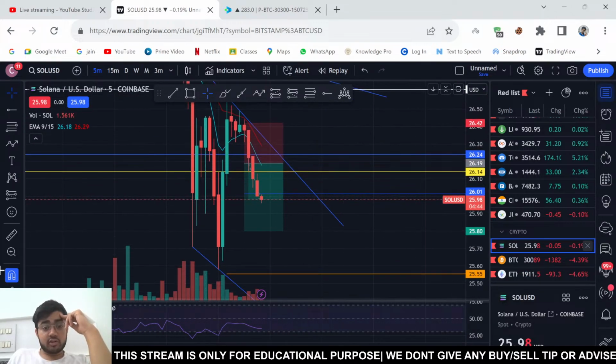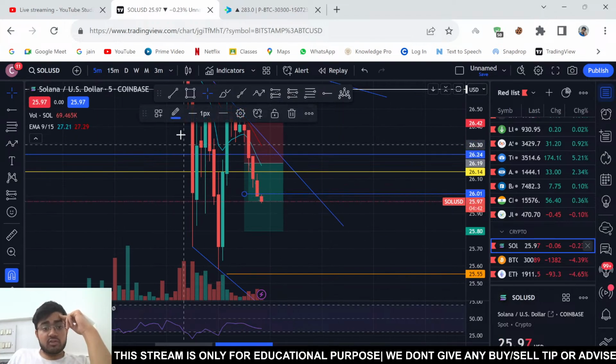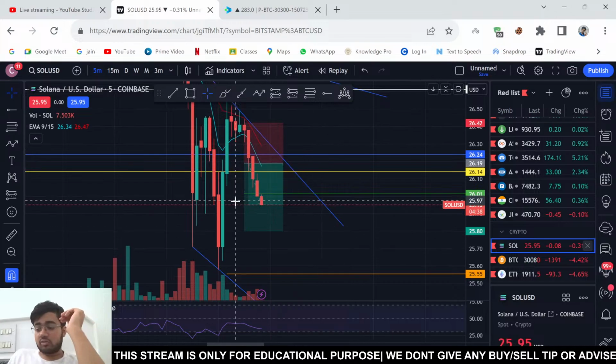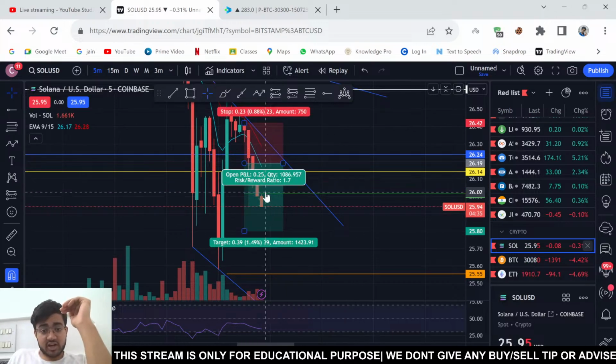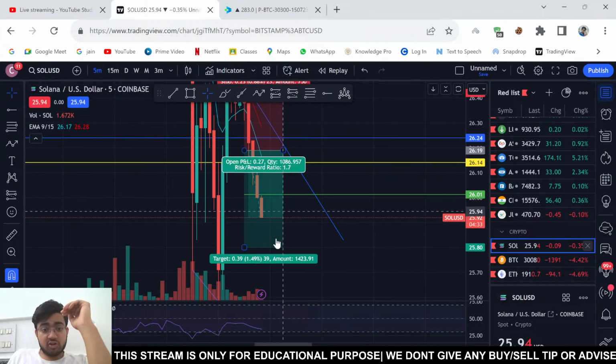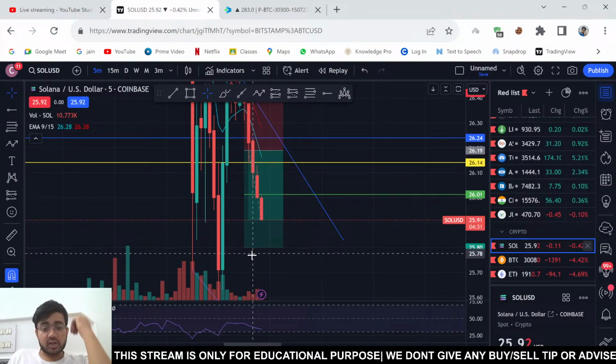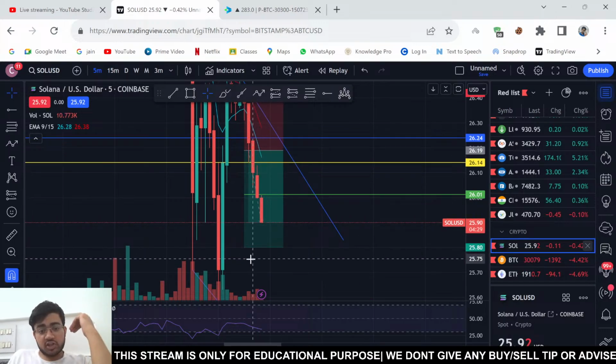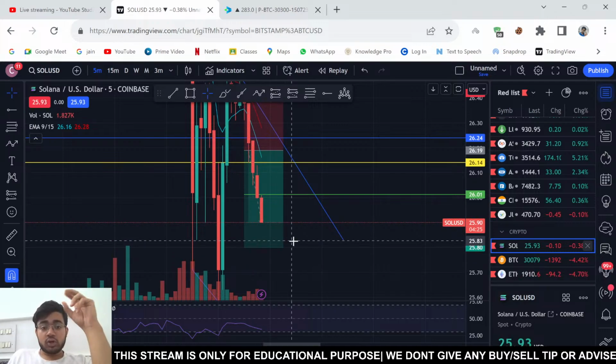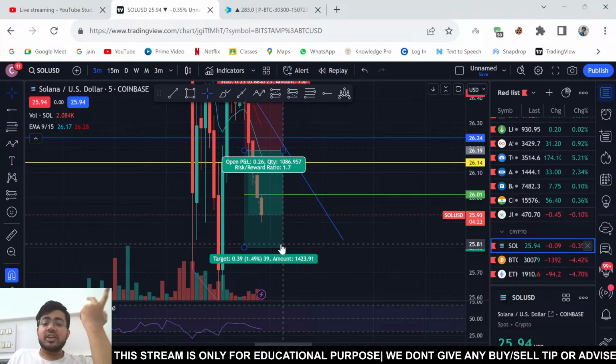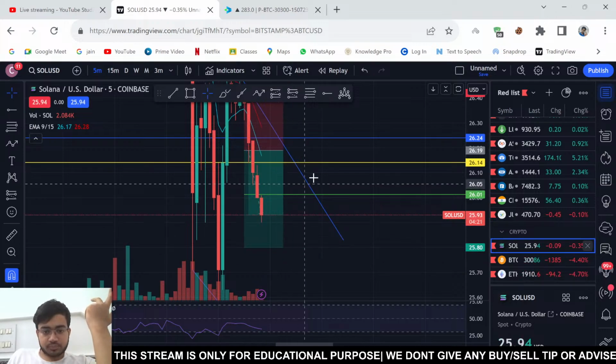For the risk averse traders, or the people who just wanted to trade and make some money, you have exited right around here, and the position is still running for the medium level traders, who want to stay in the trade and have a little bit of capital that they want to kind of gamble with, because this is crypto.